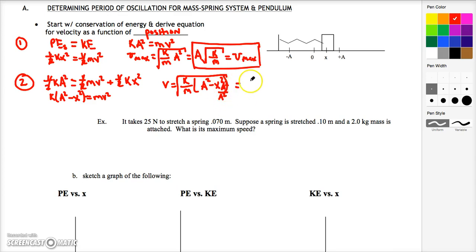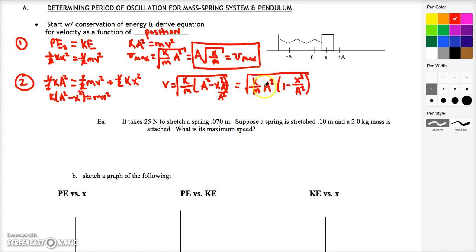By doing so, what I end up getting is the square root of k over m times a squared times (1 minus x squared over a squared), because when I pull out a squared, what's left over is 1, and from the x squared term I get x squared over a squared.